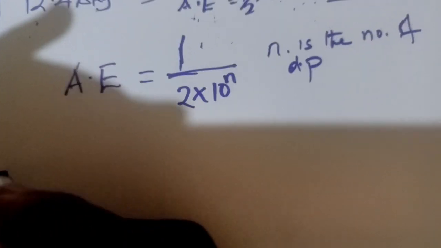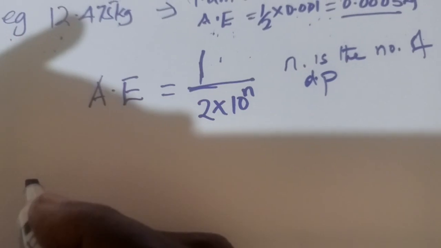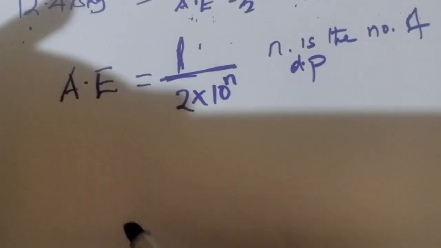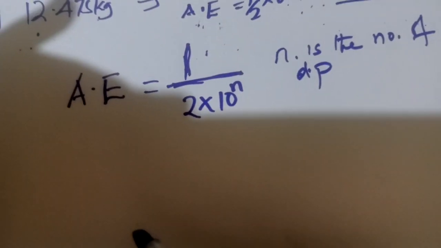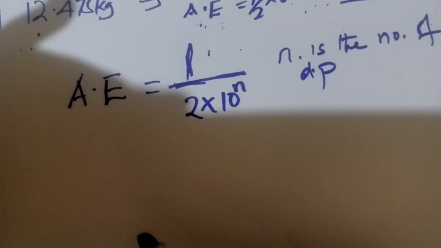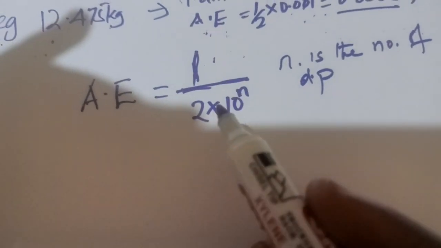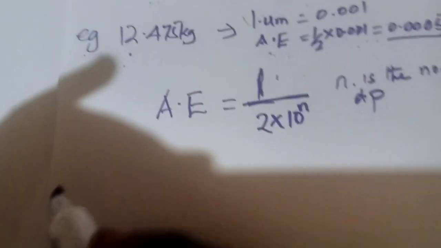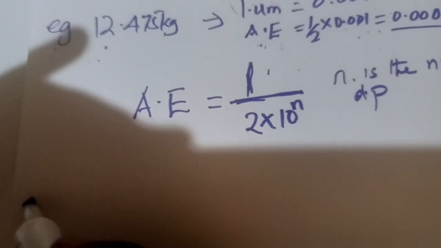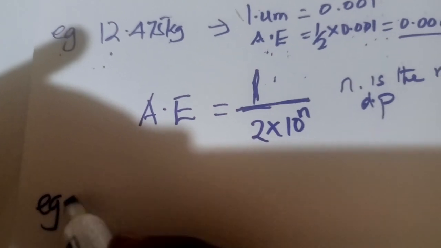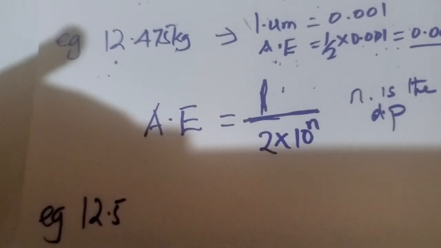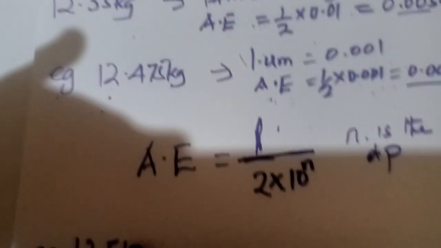Now, remember the formula is 1 over 2 times 10 power n, and the 2 times 10 power n are both in the denominator. So like in our first case, we had 12.5 kilogram.